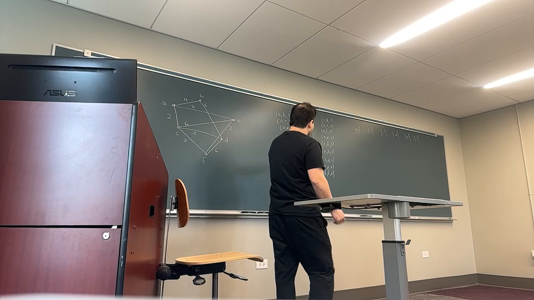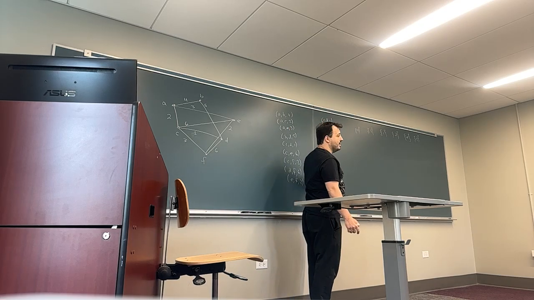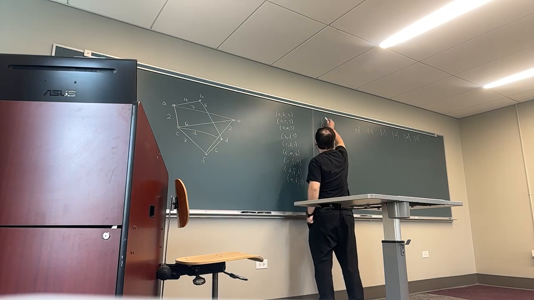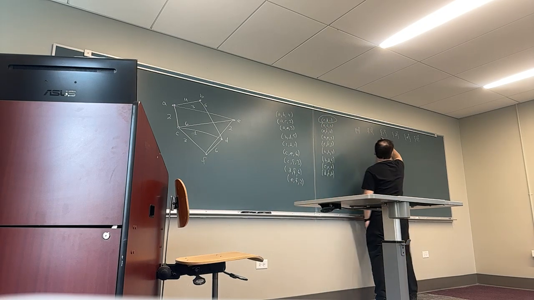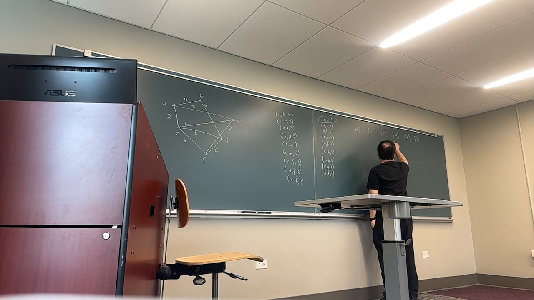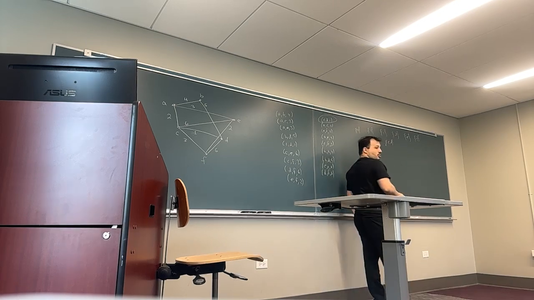So now you're going to read down from the sorted list of edges. You see this edge, and you get these two together. You do the union of those.